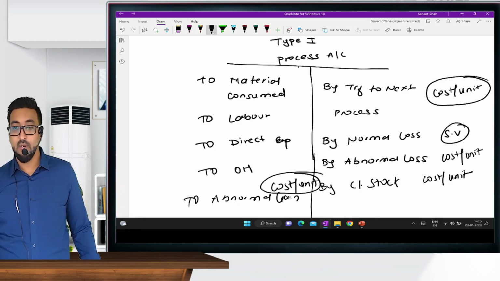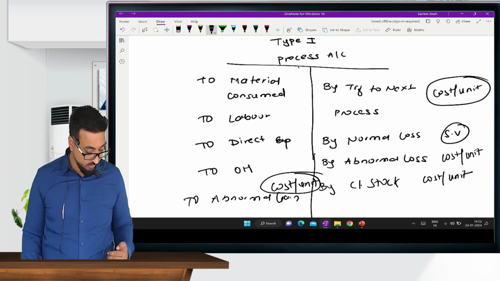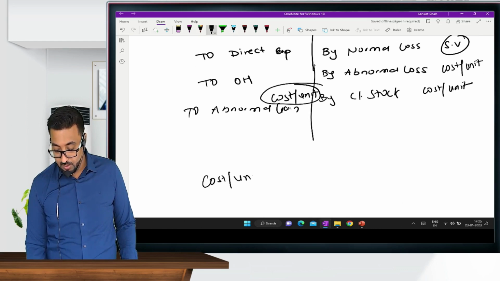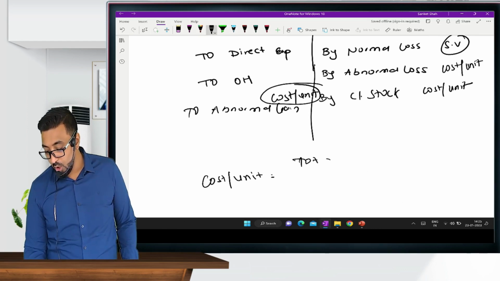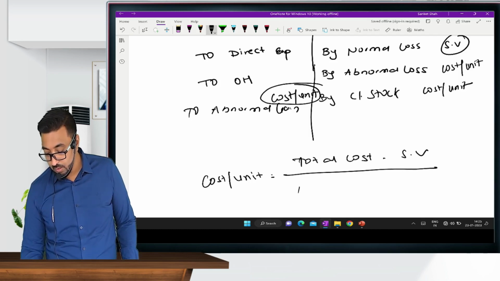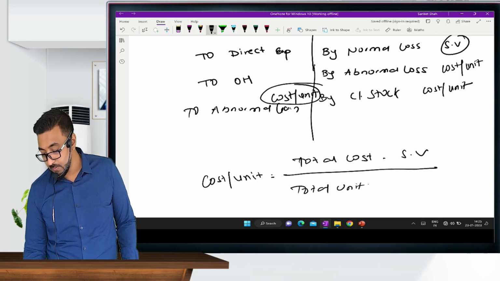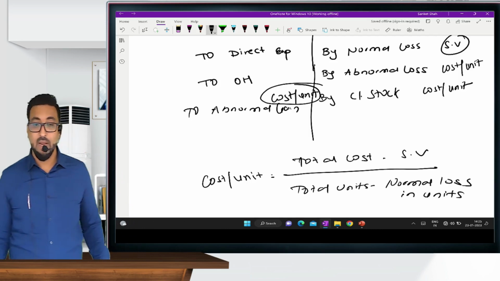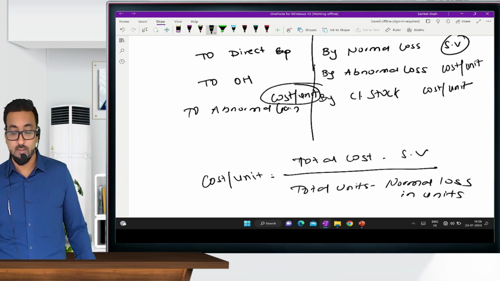So units are given in the question, so don't worry. Now how to calculate cost per unit, that you have to understand. Total cost minus scrap value divided by total units minus normal loss in units.